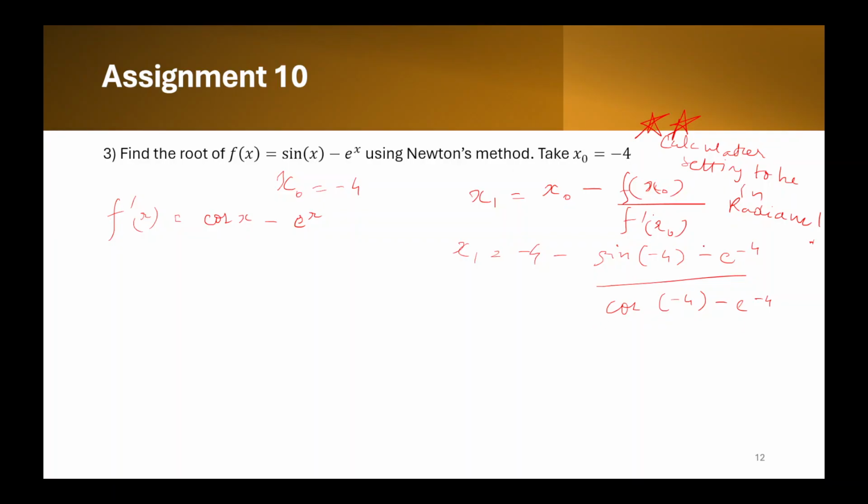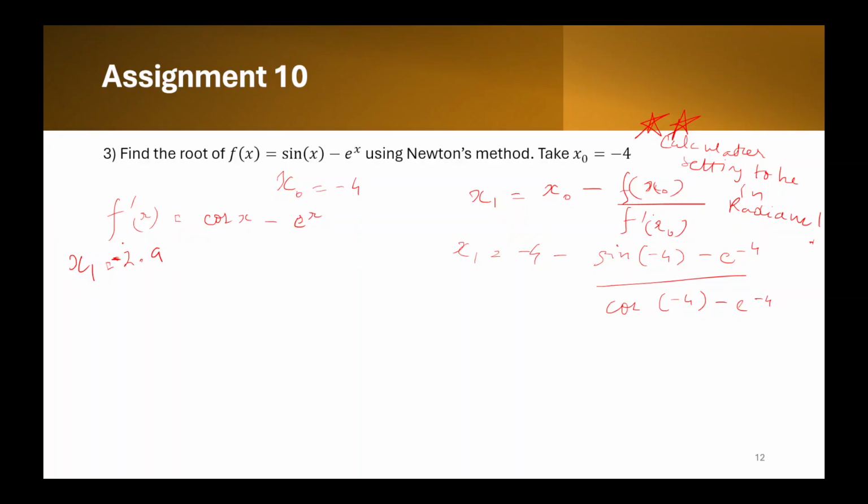So we compute this x1 here, and we get x1 as minus 2.9.